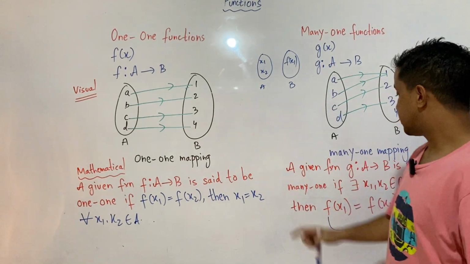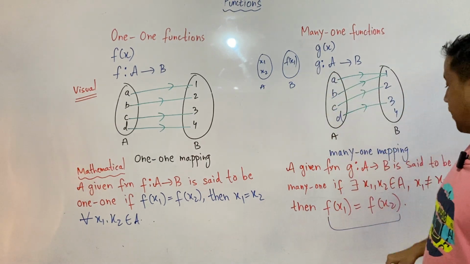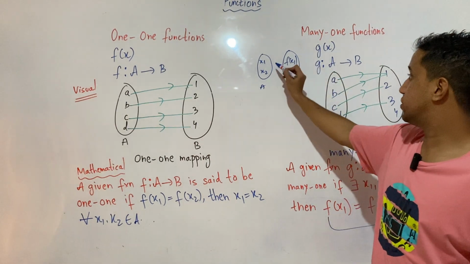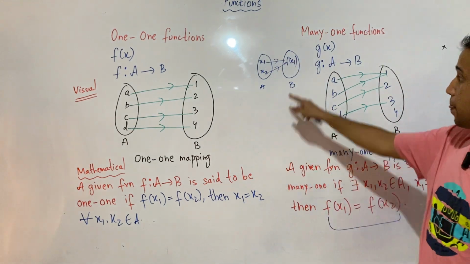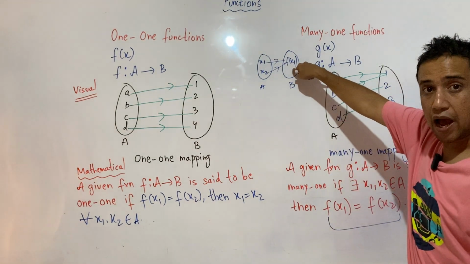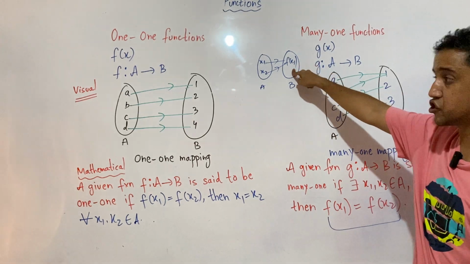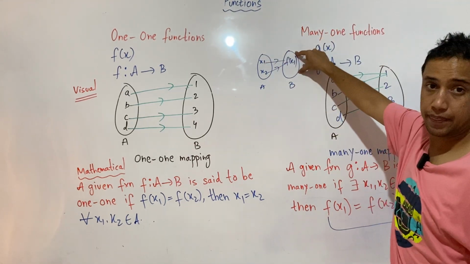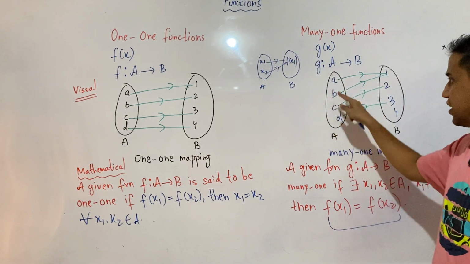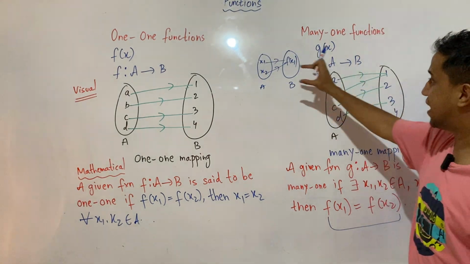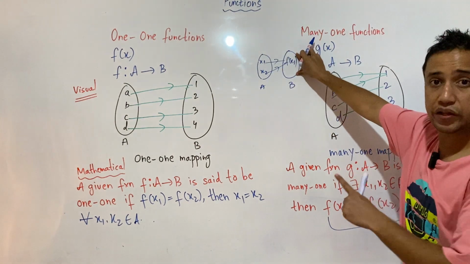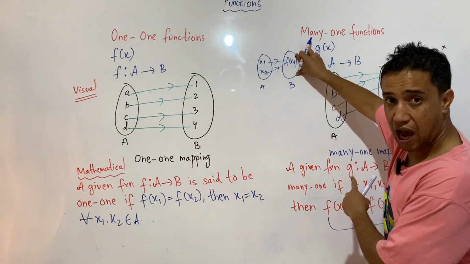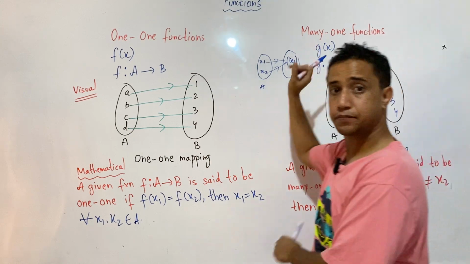So now see here, f of x1 is equal to f of x2, then what would happen? It means that they are pointing to the same image, right? So many-one, right? Many-one, that's what it says. Many elements are pointing to the same output, right?